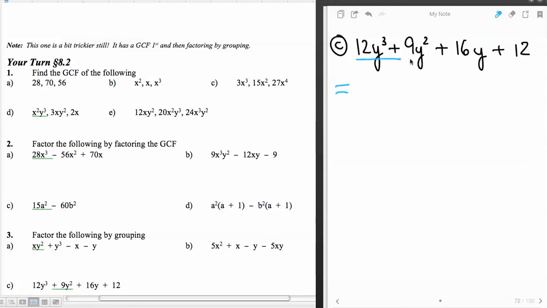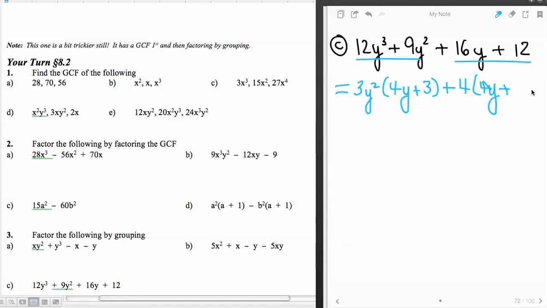So I'll just go ahead, factor by grouping here and here. So out of these first two, I'm going to take a 3y squared, which leaves me with a 4y plus 3. Now out of the second two, I can take a 4. So I'm going to take out a 4, and that's going to leave me with a 4y.